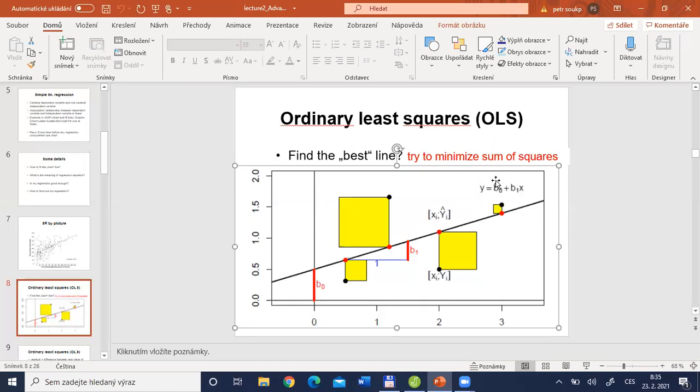So constant plus the slope multiplied by the independent variable gives the estimation on this line of the dependent variable.